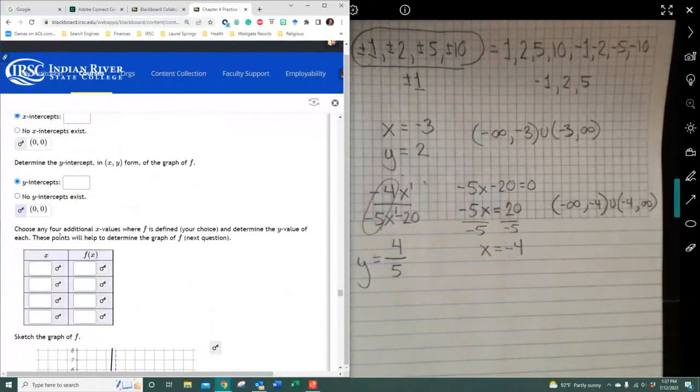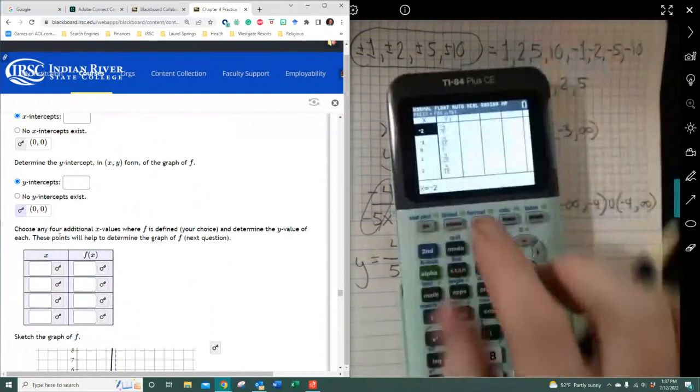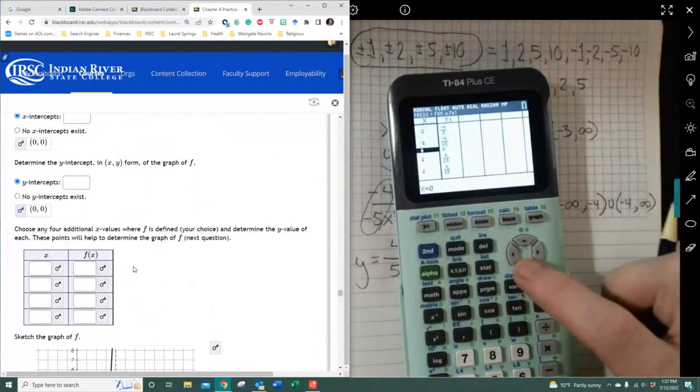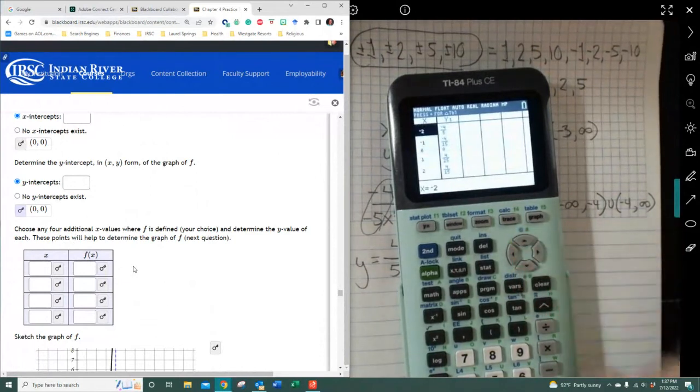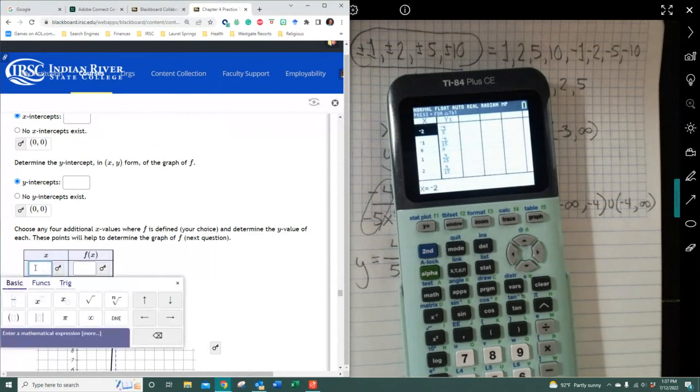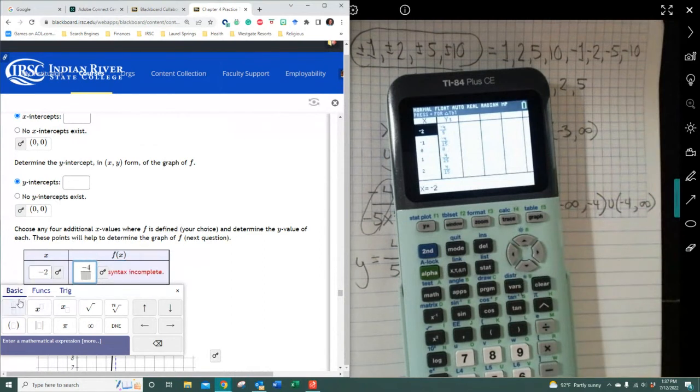And then choosing any 4 additional x values, we can go ahead and just put that in using any one of those. It all depends on what input you use. Any x value needs to be entered. So I can just go ahead and put in negative 2, copying whatever's there, and then put in the fraction as -4 fifths.